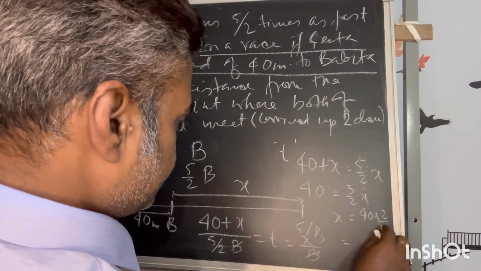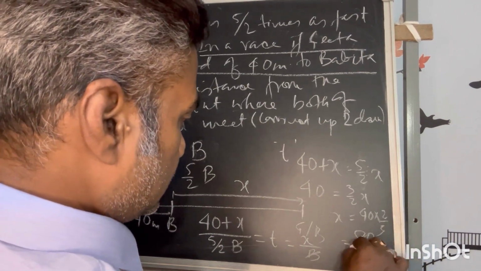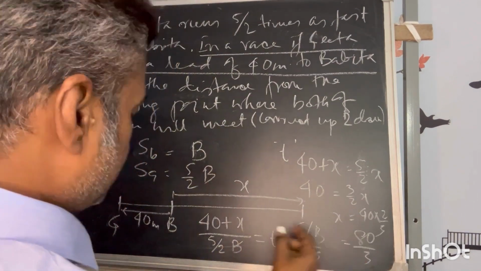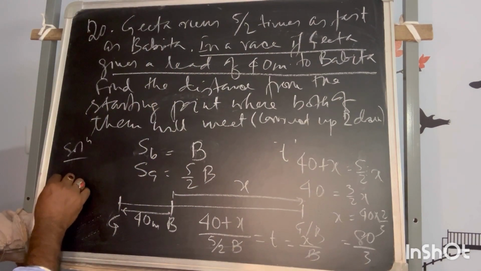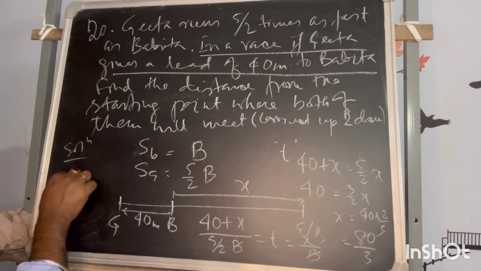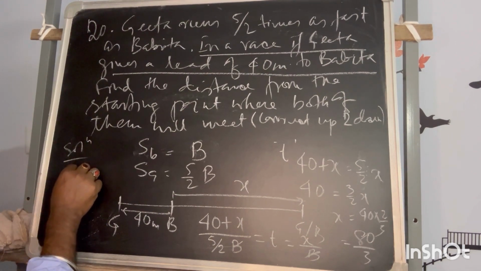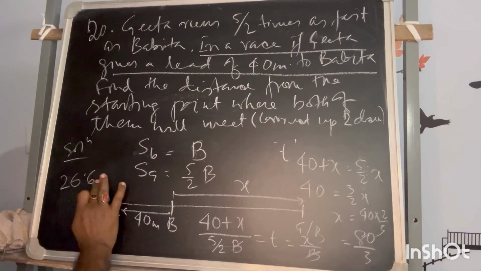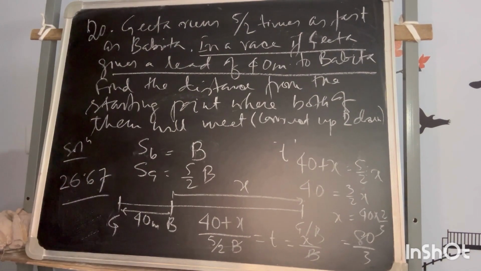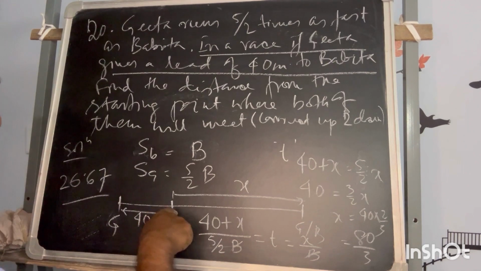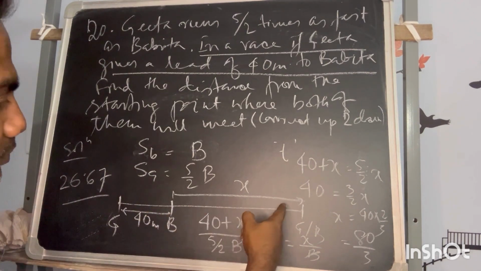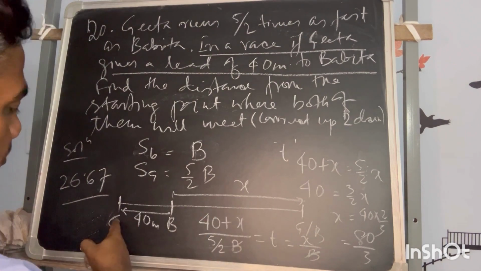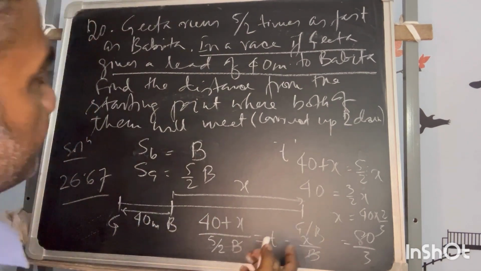While taking two decimals into consideration, 3 6s are 18, 6 18, 6 18. So rounding off, you will get 26.67. So that is from the starting point of B, where Babita, both will meet each other.